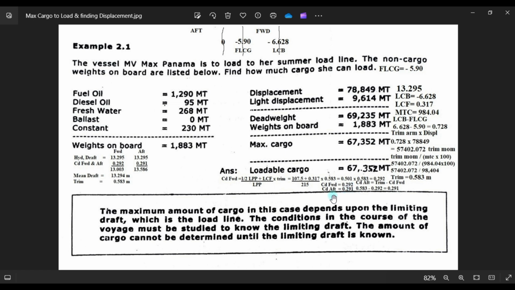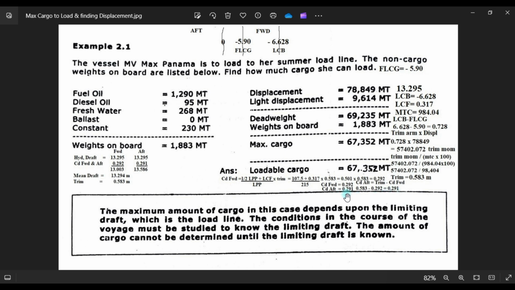To get the change of drop aft, it will be the trim minus your change of drop forward. So your trim minus your change of drop forward, 0.292, and your change of drop aft will be 0.291.